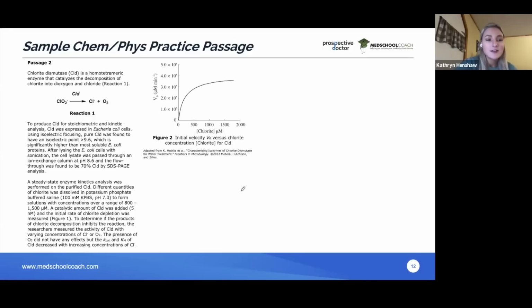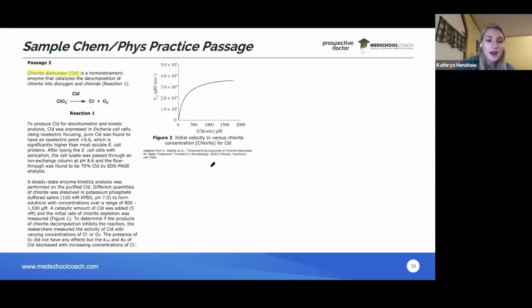Okay. So as far as things that I might want to highlight is the name of the enzyme, chlorite dismutase, just so I know where I can find important information about it. I wouldn't necessarily highlight that it's homotetrameric and all that information, because if I want info on chlorite, it'll be right here. Next, I would look at this reaction and make sure that I understood what's going on.